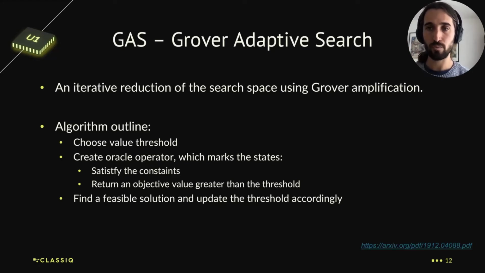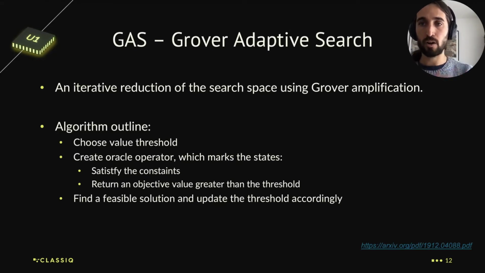So we define the threshold, we build this special quantum function, a quantum oracle, and then we perform Grover amplitude amplification. We're just going to amplify all the good solutions and decrease the amplitude of all the bad solutions, either those that won't satisfy the constraint or whose objective is lower than the threshold.